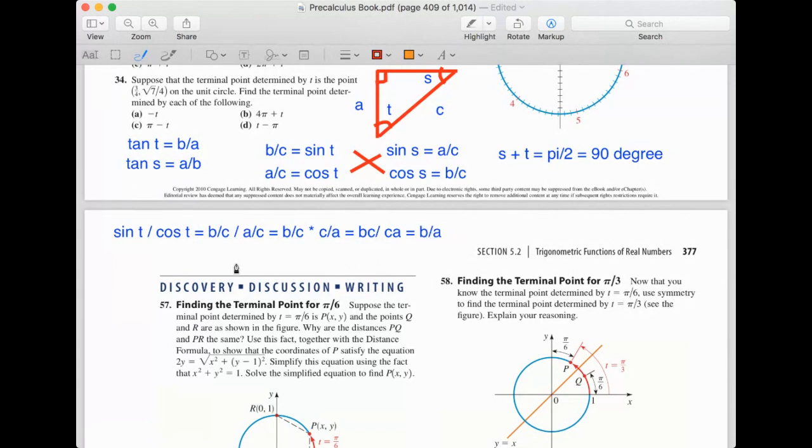What is b over a? B over a is tangent t. Okay, so that's why we have tangent of the angle equals sine of the angle divided by cosine of the angle. All right, so tangent equals sine over cosine. We have this relationship also.